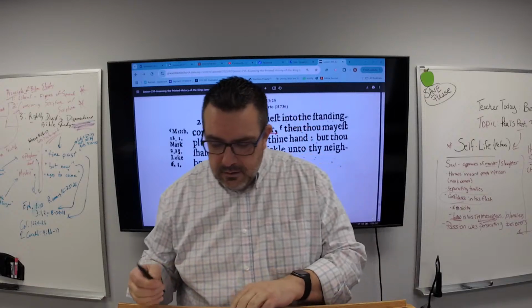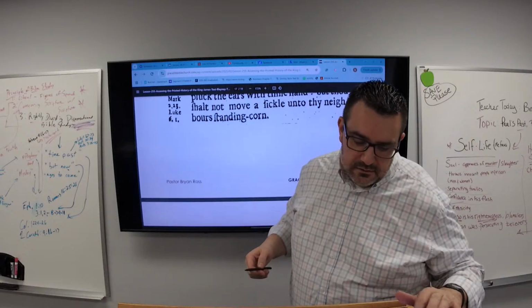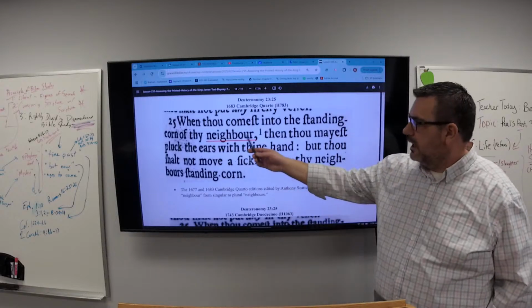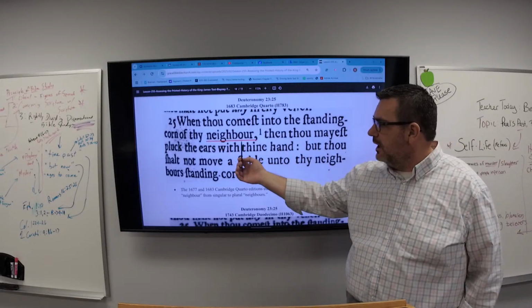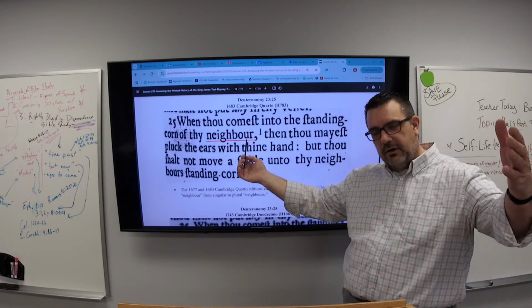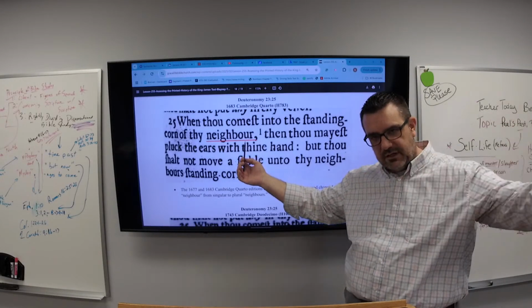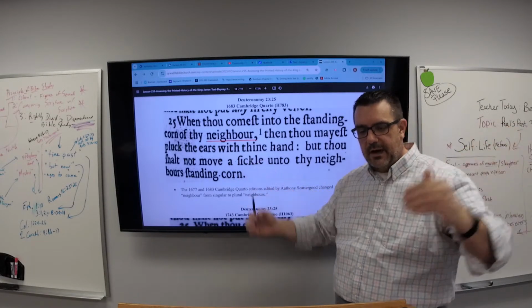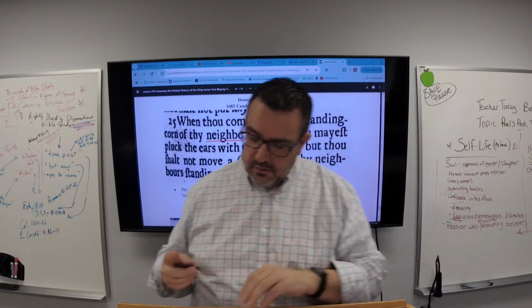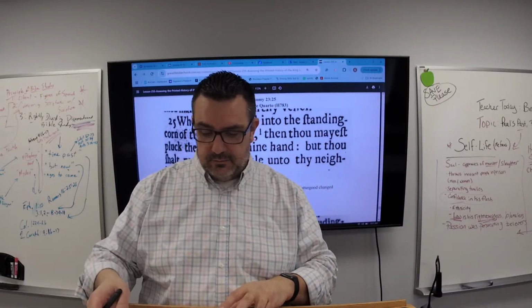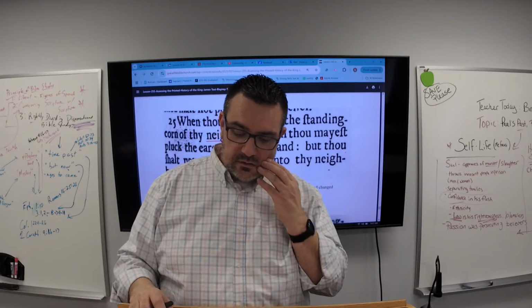Okay? Look at the 1683 Cambridge Quarto. Standing corn of thy what? Neighbor. So Scattergood in 1677 and 1683, did he take the S out? Yeah. So if you look at my little note there, one of these is wrong. I've got to fix it. Mike pointed it out to me. Is it this one? Yeah, this one I have backwards.